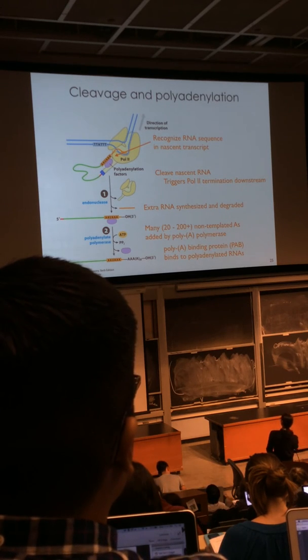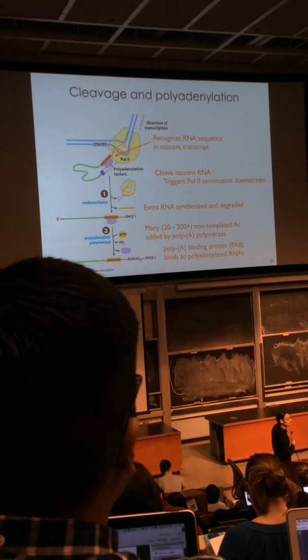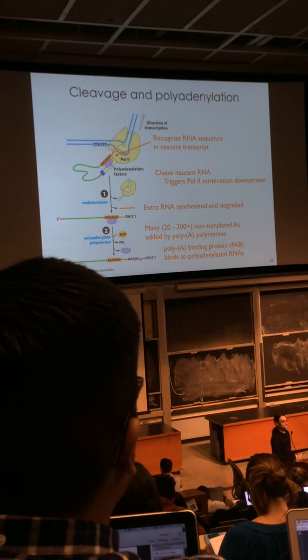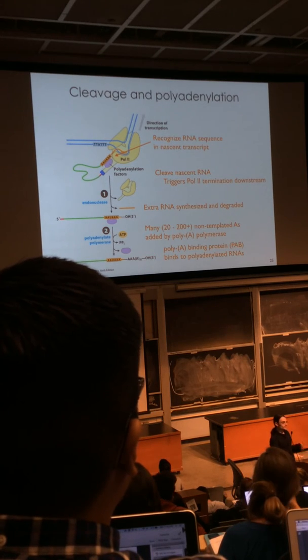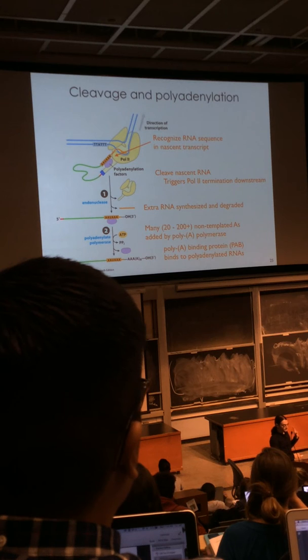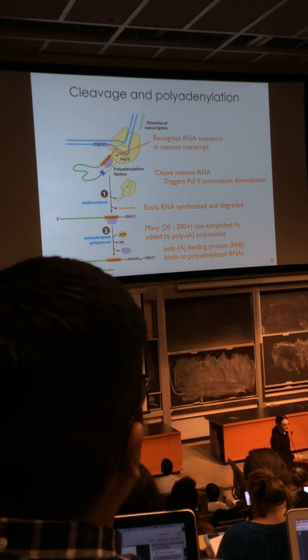At the same time, right when cleavage happens, the cleavage leaves a free 3' OH, and that is subject to polyadenylation. There's an enzyme, poly-A polymerase, that catalyzes the untemplated addition of more adenosine nucleotides to the 3' end of the transcript.